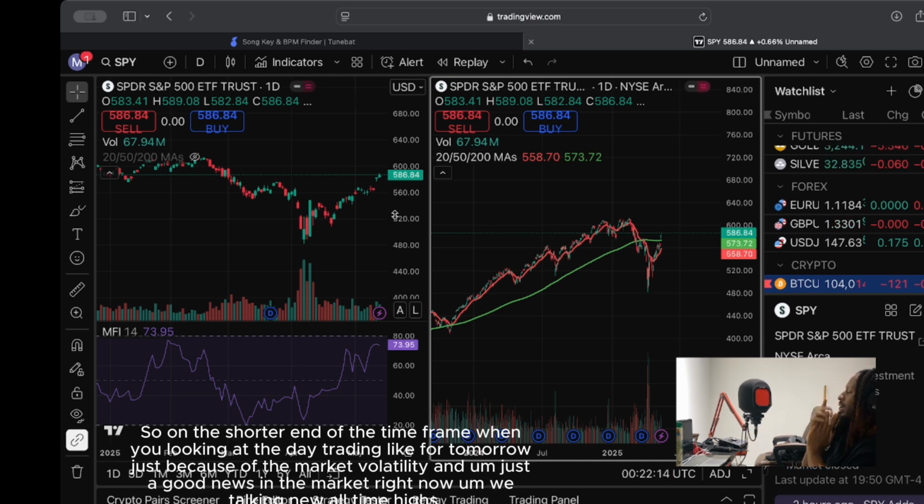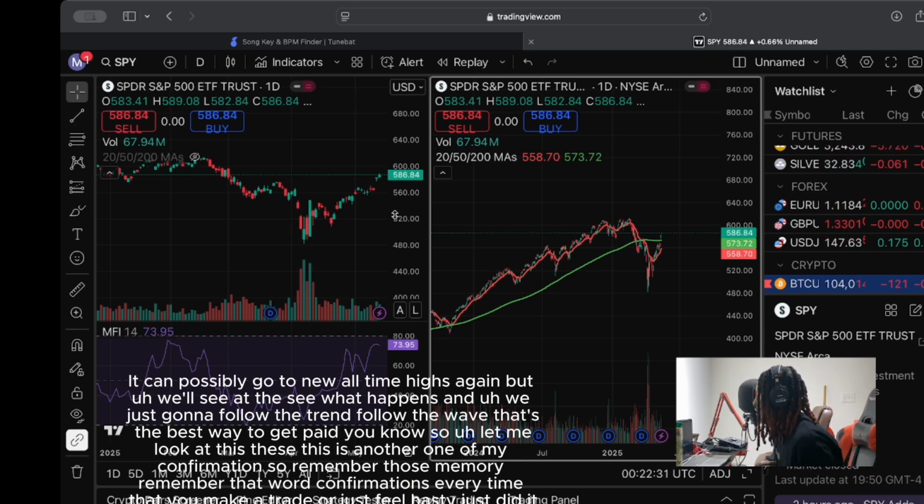So on the shorter end of the time frame, when you're day trading, like for tomorrow, just because of the market volatility and the good news in the market right now, we're talking new all-time highs. It can possibly go to new all-time highs again, but we'll see. We're just gonna follow the trend, follow the wave.